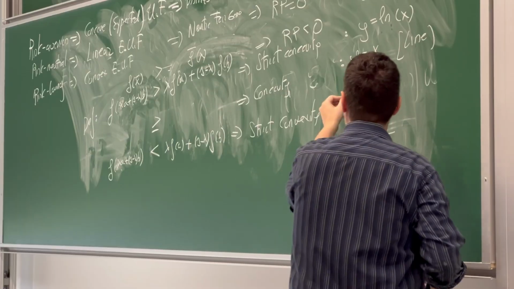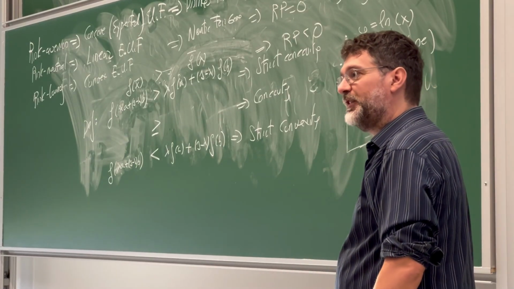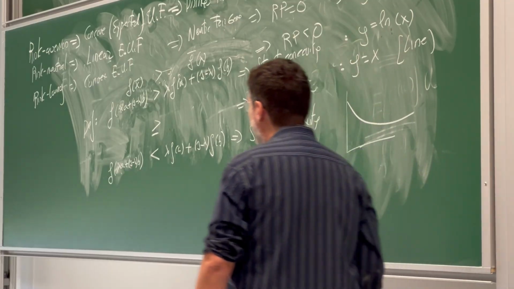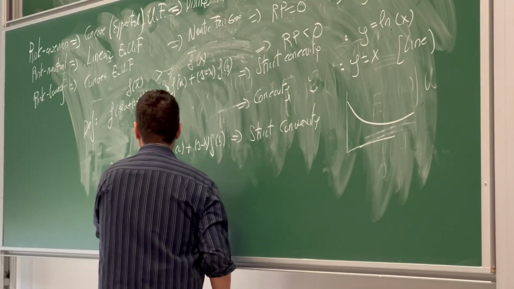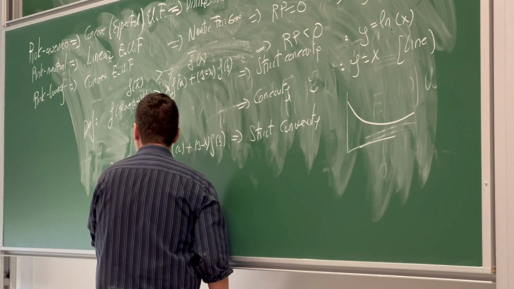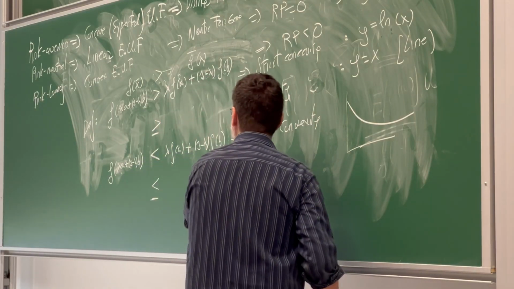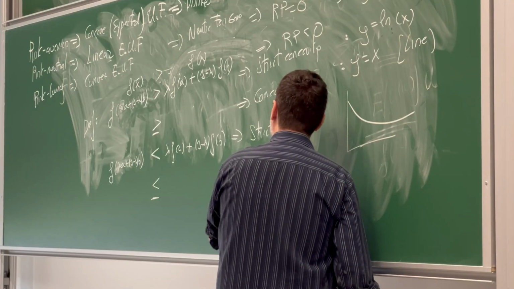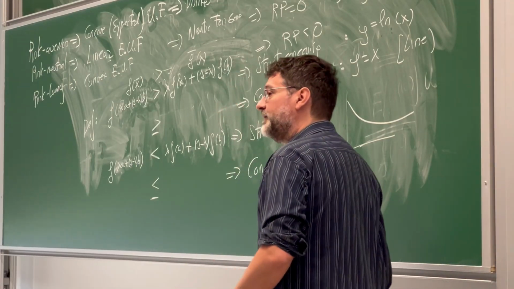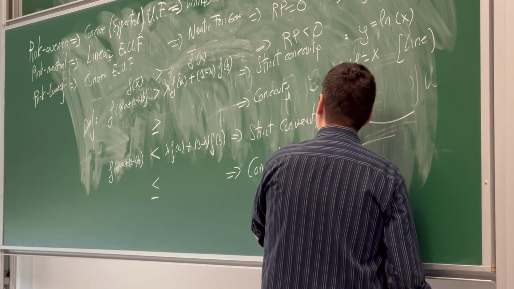Right now, you have something like this. And that's a strict convexity. And if you replace the smaller than by a smaller than or equal, then you don't have a strict convexity, but just convexity. So convexity, once again, will be the line.